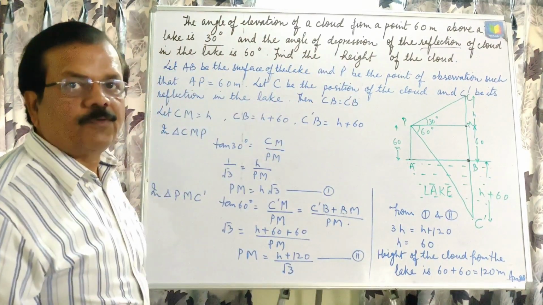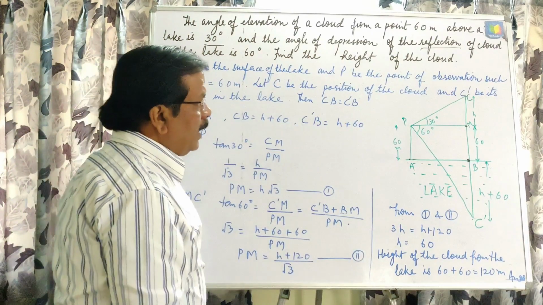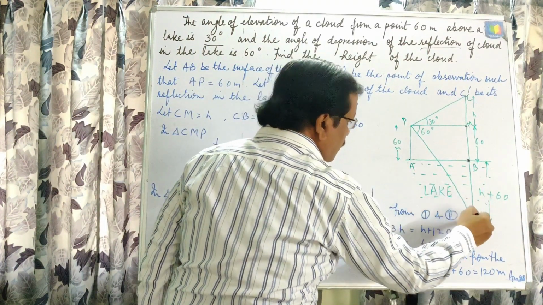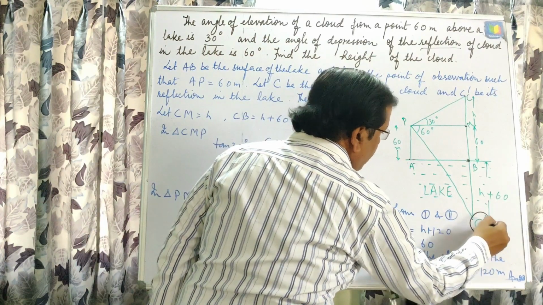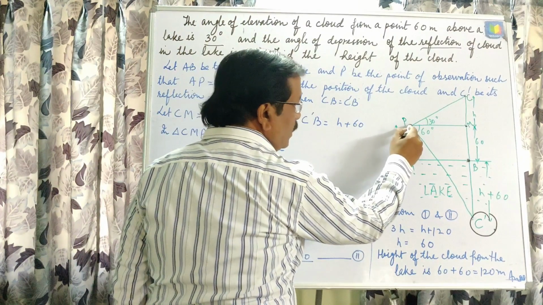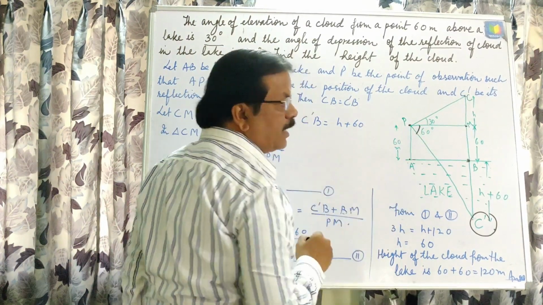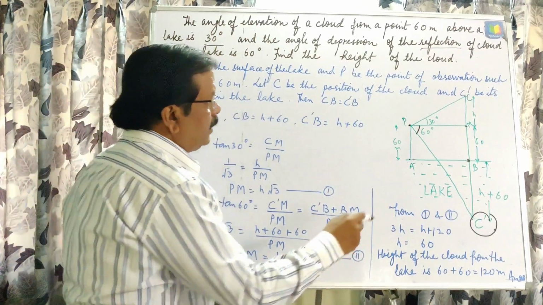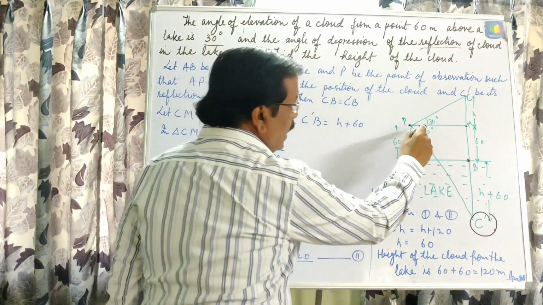Once we find the reflection, this way h plus 60 and this is h plus 60. But this reflected point has an angle of depression from this point. You can see this is the angle of depression. We are measuring in the downward direction. This is 60 degree. This is the angle of elevation.